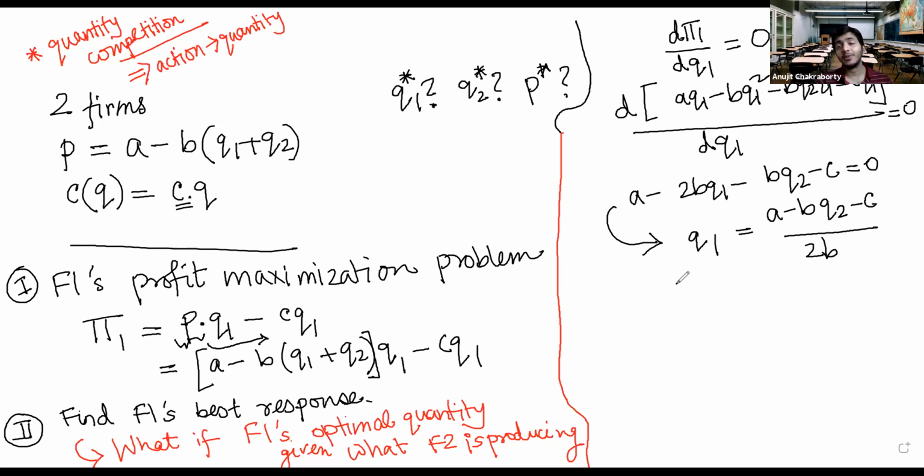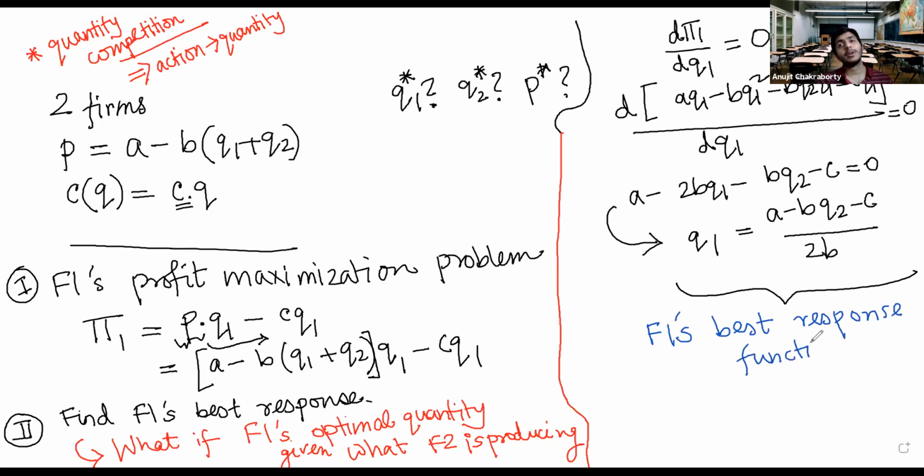This thing right here, you should remember this. This is what we found right here: firm one's best response function. Why? Because this is the Q1 that maximizes firm one's profit for any value of Q2, which is firm two's action.